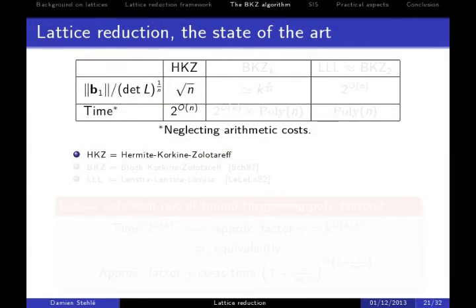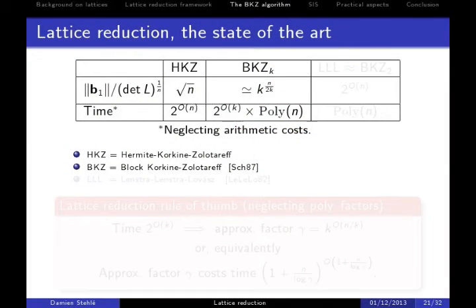Okay, so the state of the art for lattice reduction. On one hand, we have HKZ, which achieves a very good B1 over nth root of the determinant, but it runs in exponential time. So if you are okay with paying this, that's the best you can get. And then if you want to pay a bit less, you have BKZ with block size k.